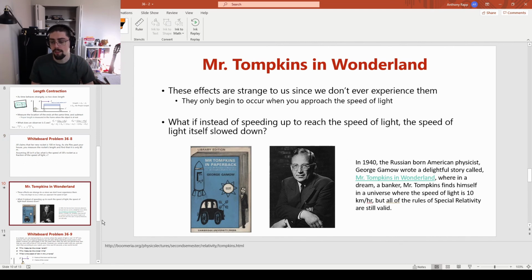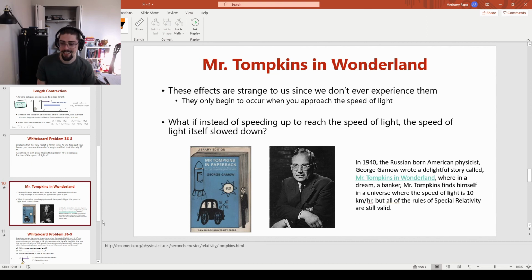There's a really cool book trying to describe some of these things, and people have made different videos describing these. If you look up videos on this, you can see where the speed limit is 10 kilometers per hour, or 30 kilometers per hour. How does the universe look? And it gets really weird, really, really fast.